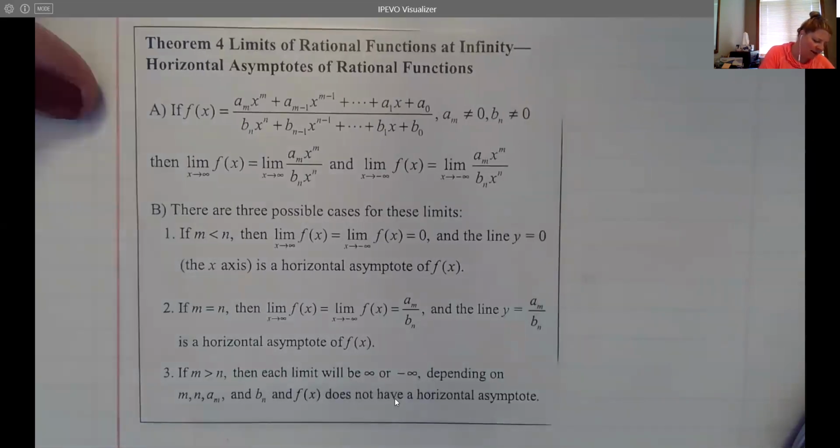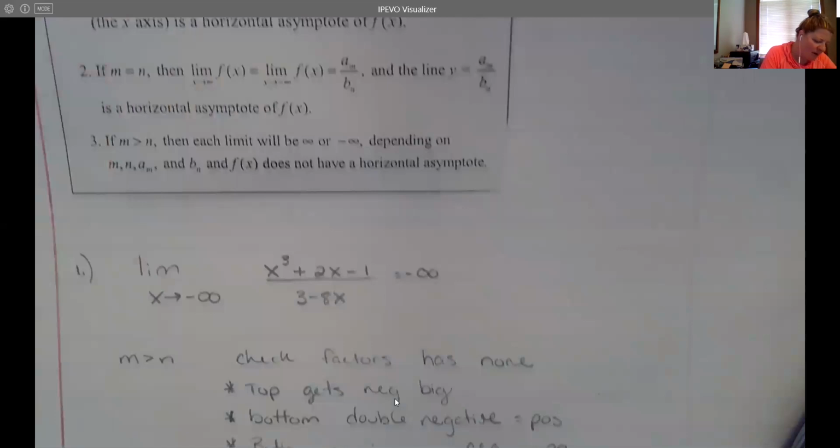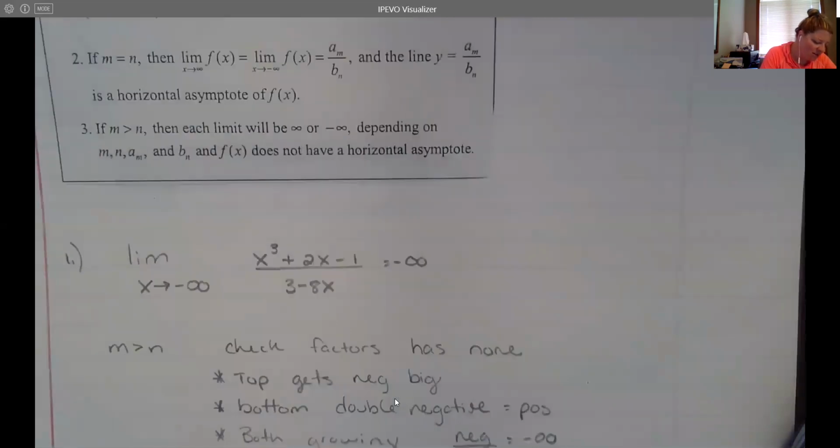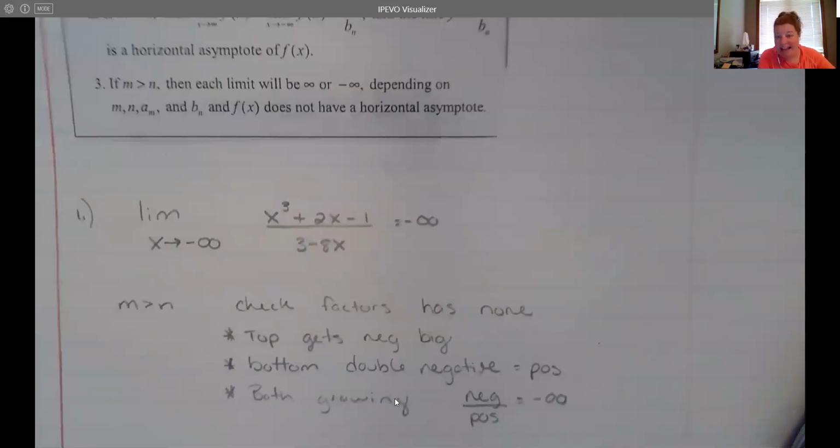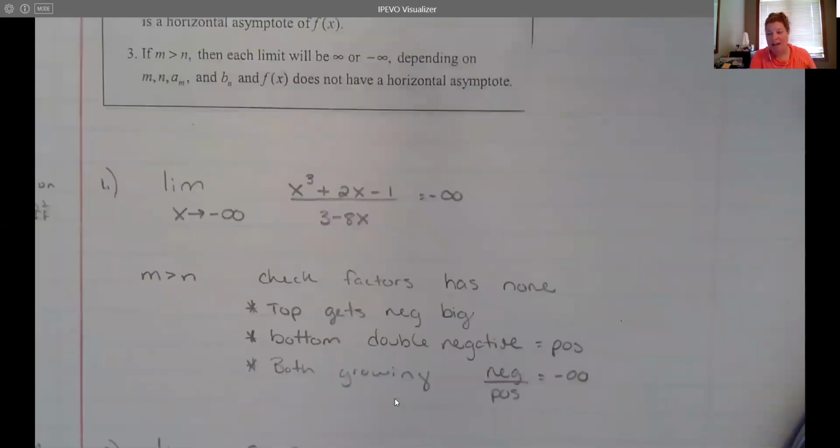This is going to be our case where you usually have to use long division to help us. It's going to have a slant asymptote, which we've learned. It was in our review too, but it's going to have that weird slant asymptote. And you're typically going to infinity or negative infinity in this case.